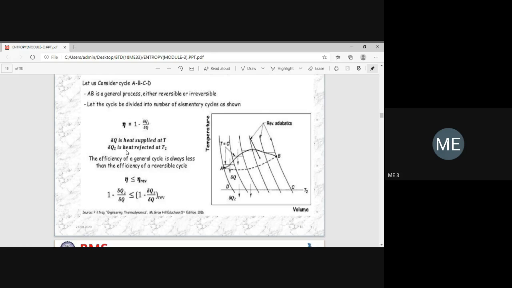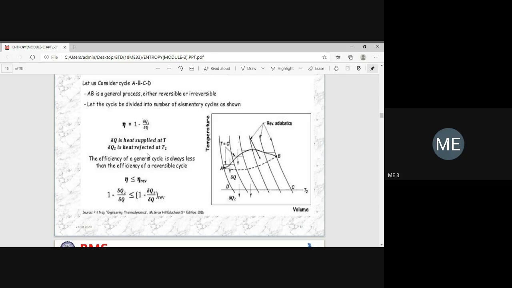We know that the efficiency of a general cycle is always less than the efficiency of a reversible cycle, according to the Carnot theorem. The Carnot theorem states, suppose you take a number of engines, among all the engines, the reversible engine is the one which gives the maximum efficiency.